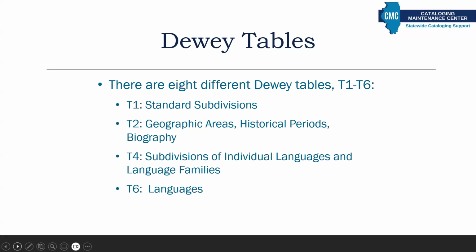Continuing our Ireland example, we start with Ireland in the 900 schedule at 941.5. There is already a built number for Ireland during the Tudor period of 1485 to 1603 at 941.505. If you want to play with building a number with T2, you can start with 9 in the schedule, add 415 for Ireland, and then add from the historical periods notation, which is 901 to 905, which would give us 09031, which is the historical period of the 16th century from 1500 to 1599.